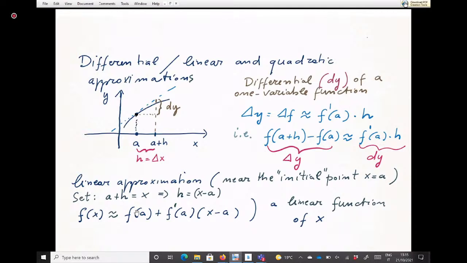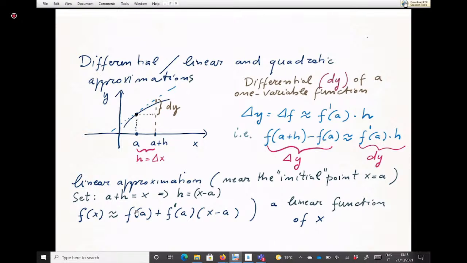Now, remember these formulas and try to keep them in mind for one variable functions, because for two variable functions, they are exactly the same, provided that you use matrix notation. So if you use the matrix notation, you get exactly the same formula, but this will not be the derivative because we have a gradient for n variable functions, and this will not be the second derivative because we have the Hessian matrix, okay?